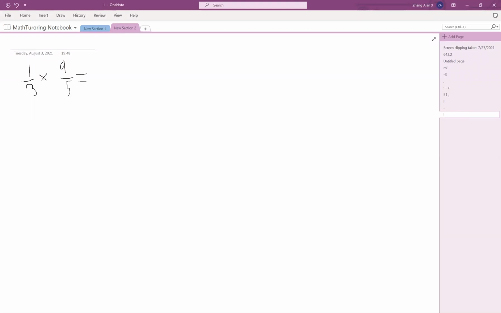Claire, what numbers could we simplify for 1/3 and 9/5? 3 and 9. Yeah. So 9 would be 3, and then 3 would be 1. Yep. 3/5. Because both sides are 1, so it's literally to the other side.